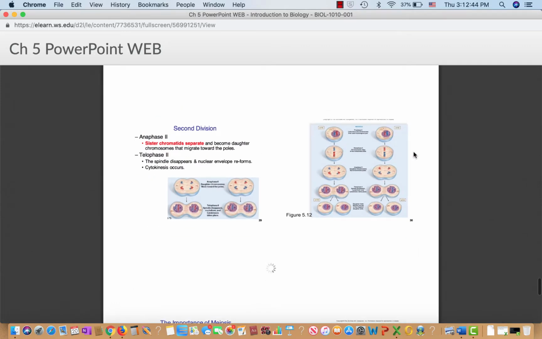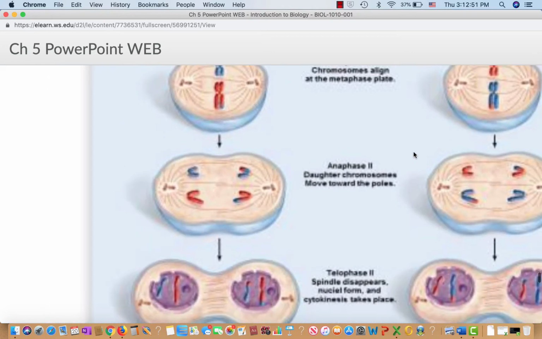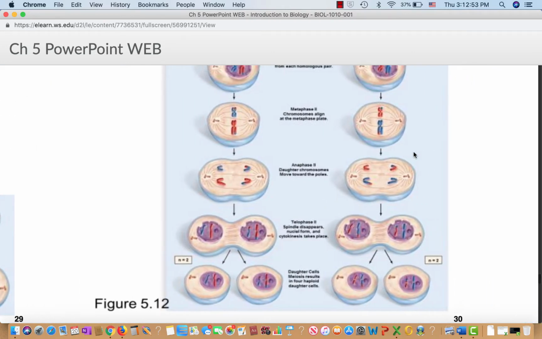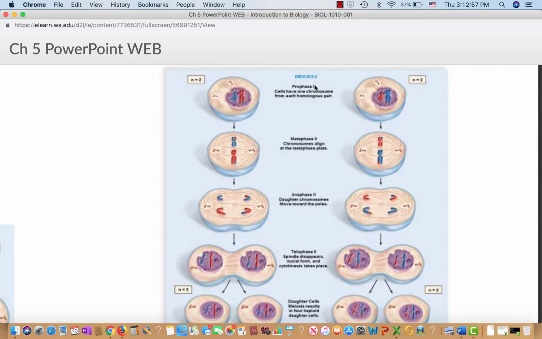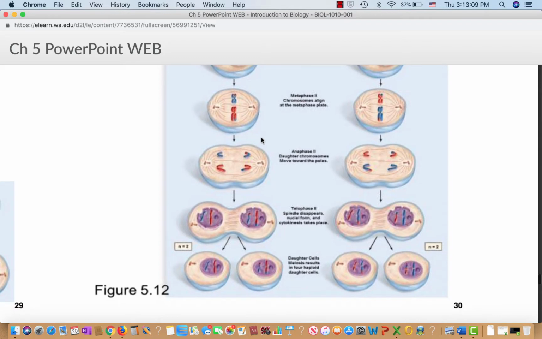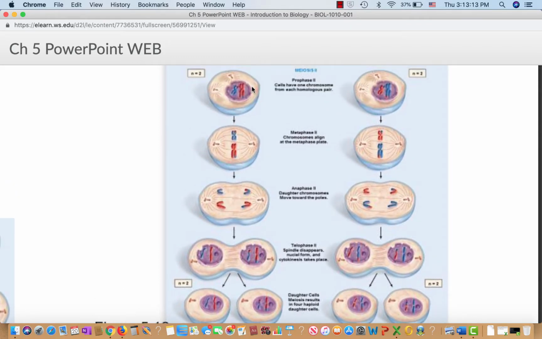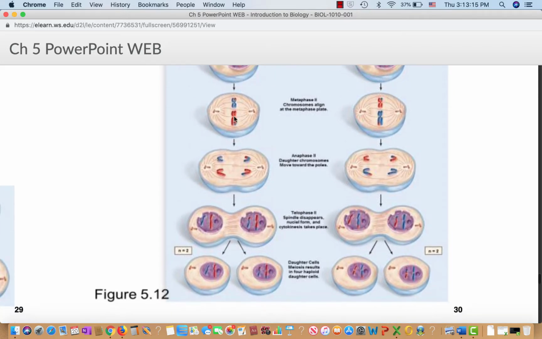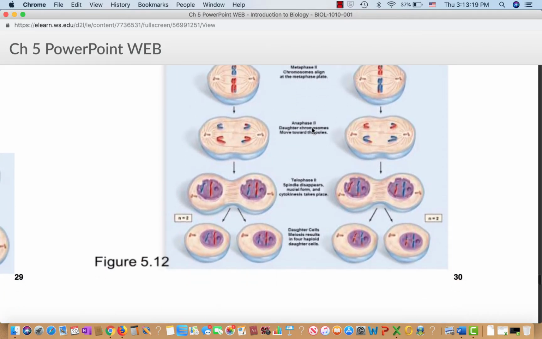But if you zoom in on this chart, without breaking the computer, hopefully. So meiosis 2, the chromosomes are color-coded here so you can see which ones go where for your independent assortment and your crossing over. So you've got crossing over going on here, and then you line them up on the plate. In prophase 2, you line them up on the plate in metaphase 1.